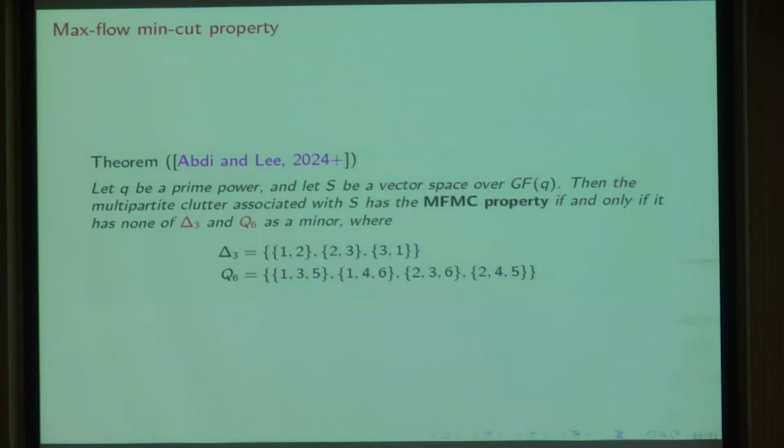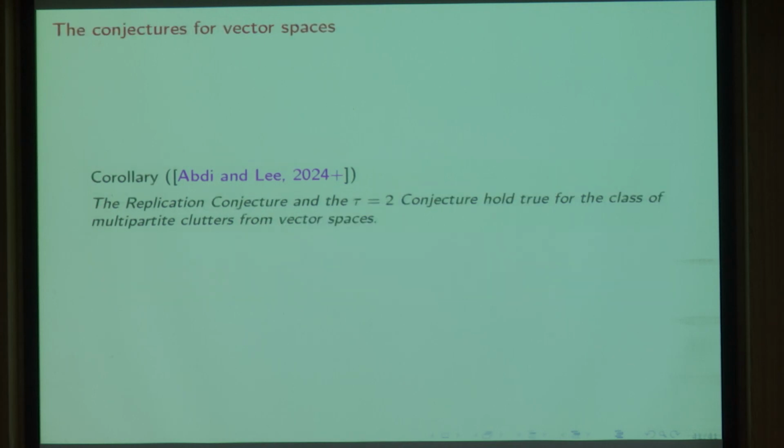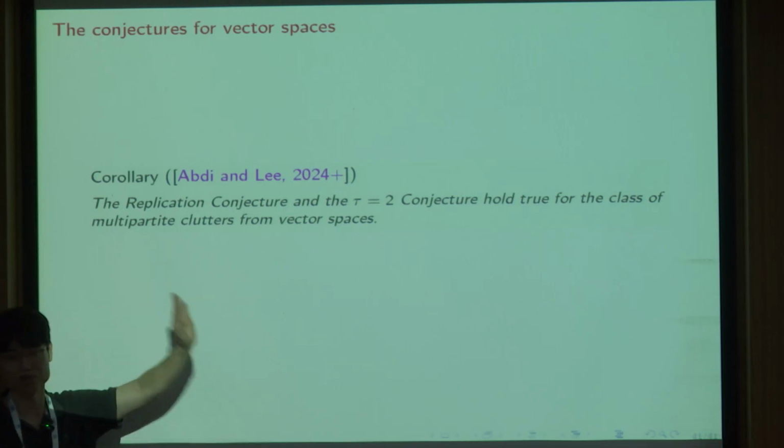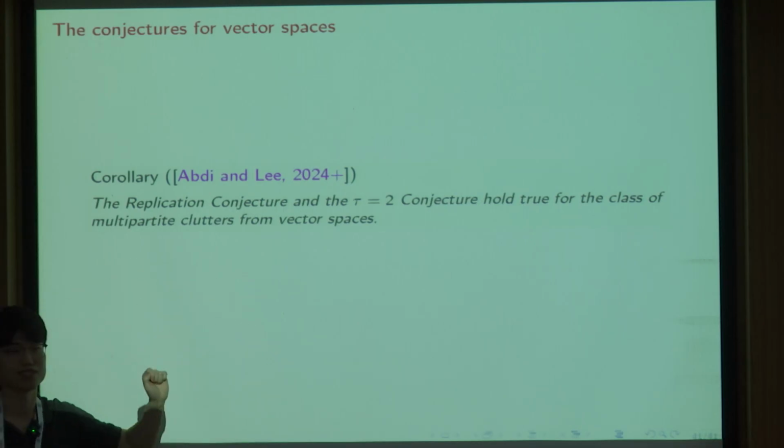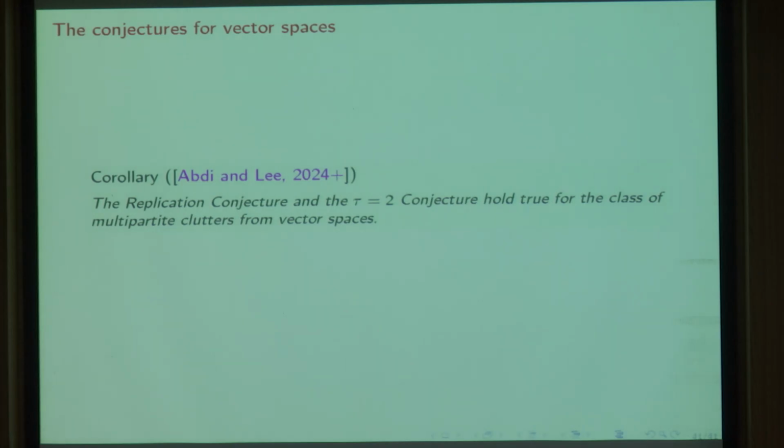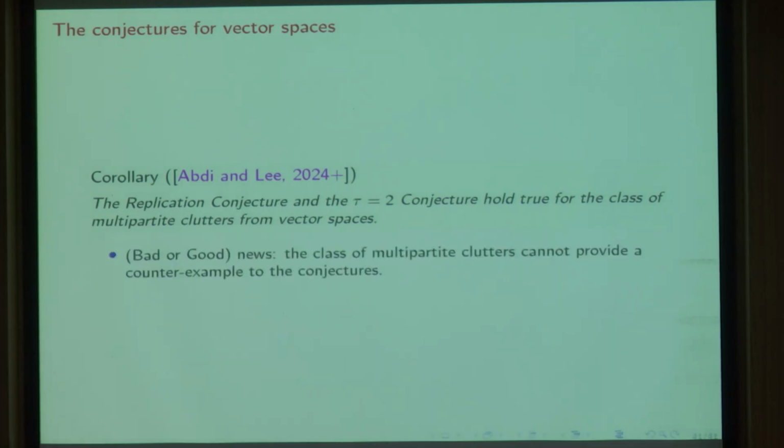But in fact, based on these characterizations, we ended up with the conclusion that the conjectures are true for this class of clutters. This can be bad news for me because it means that we cannot find a counterexample to the conjecture. But maybe it's good news for Ahmad. It means that it's strong evidence that the conjecture is true.